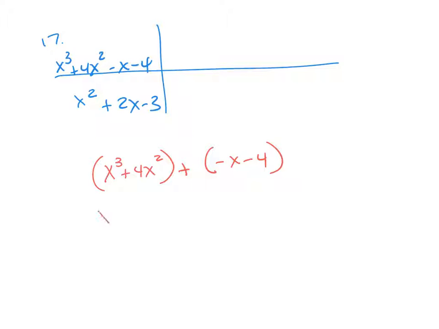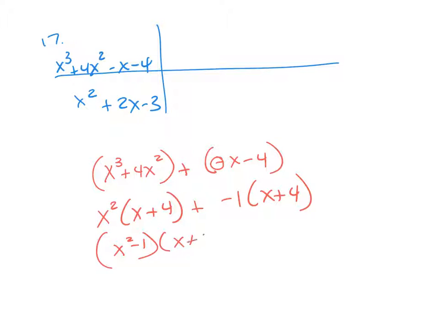An x squared. And I get x plus 4. And over here I can take out a negative 1 and I get x plus 4. Remember, if there's a negative in the front, you always take out a negative. So my two factors are x squared minus 1 and x plus 4.